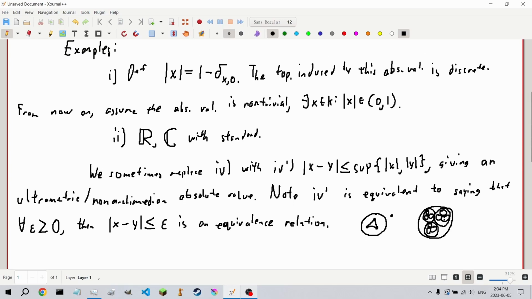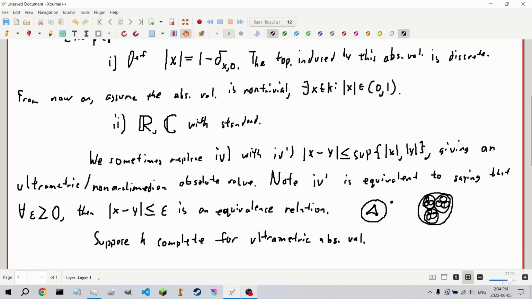Now, we suppose K is complete for such an ultrametric absolute value. And this brings us to an immediate theorem.